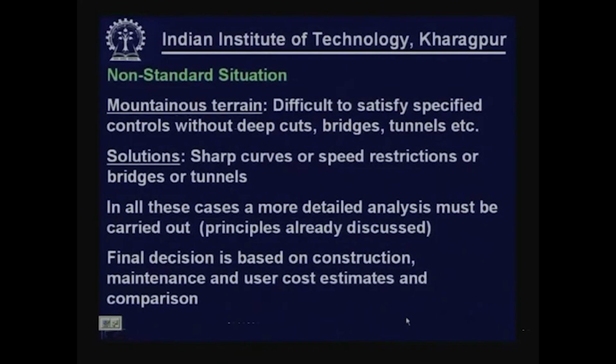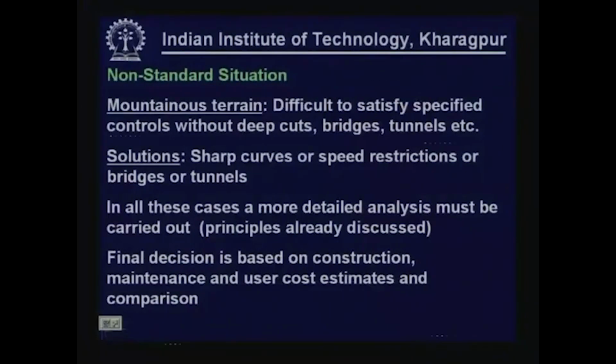Now, there could be some non-standard situations in some cases. For example, if you are working in mountainous terrain, it may be difficult to satisfy specified controls without deep cuts, bridges and tunnels, because the terrain condition itself is like that. You probably cannot avoid deep cuts, bridges, tunnels, etc. In such cases, what could be the solutions?